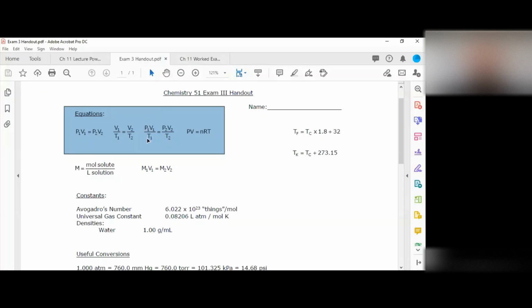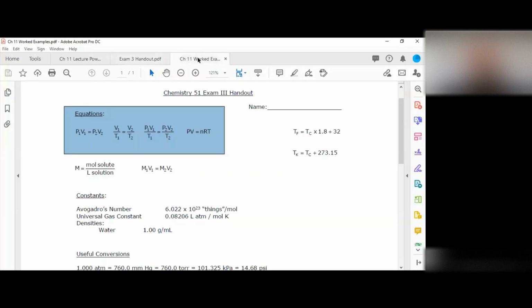P1 V1 over T1 equals P2 V2 over T2. You get rid of the V1 and V2. If the question mentions pressure and temperature being related and a change to find the effect of that change and no mentioning of volume, then here's the third equation. You get rid of the V1 and V2, and you just continue on dealing with the Gay-Lussac's numerical equation.